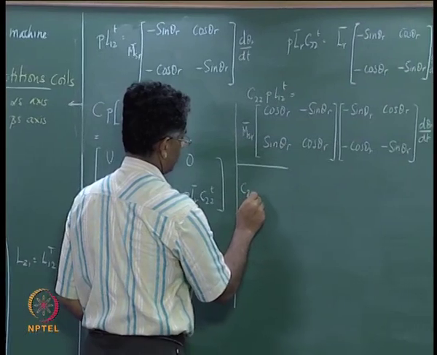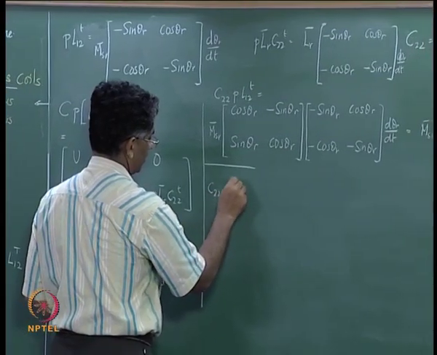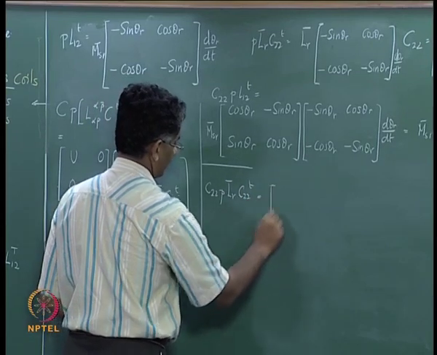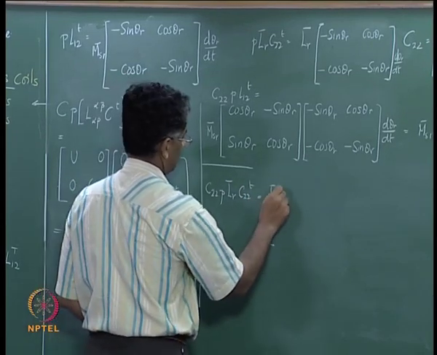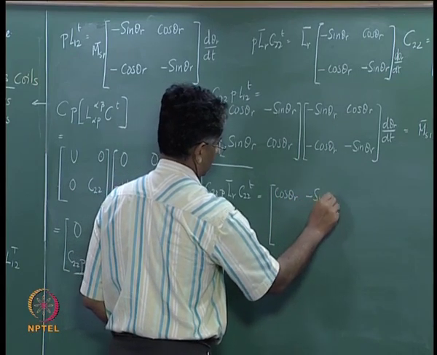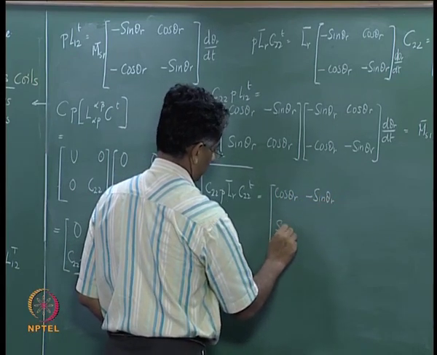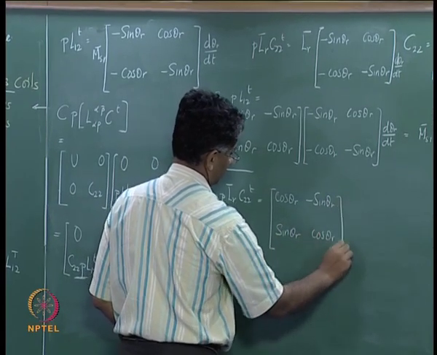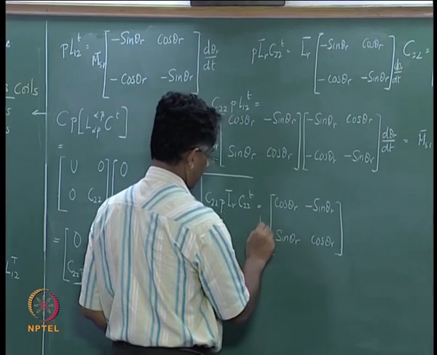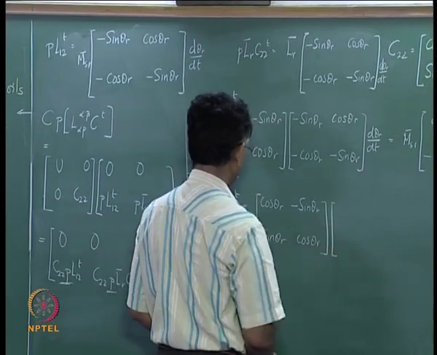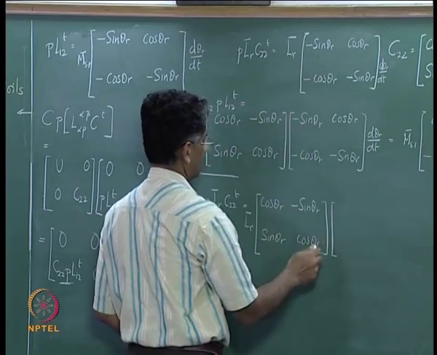So, C22 P LR bar C22 transpose is nothing but cos theta r minus sin theta r and sin theta r and cos theta r multiplied by LR bar, you keep that separately, and multiplied by this term which is here.